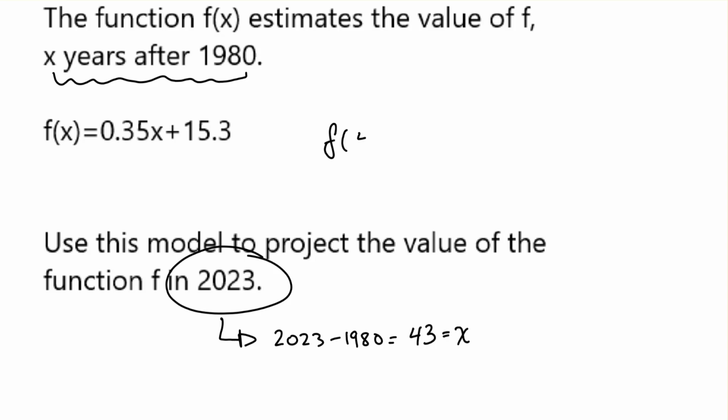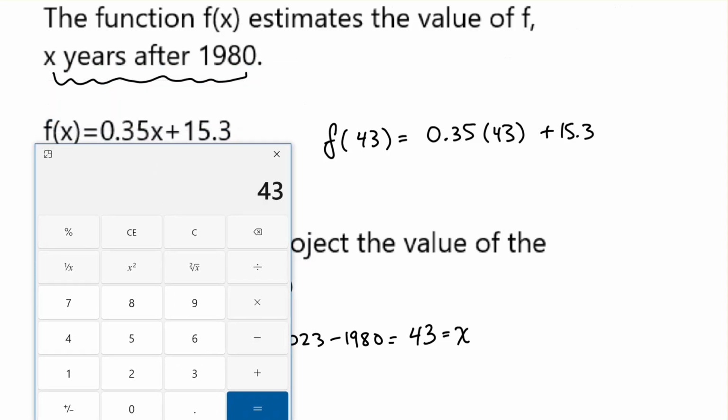F evaluated at 43 is 0.35 times 43 plus 15.3. Again, let's bring up our calculator. I'll get 0.35 times 43 plus 15.3, and we get 30.35 as our answer.